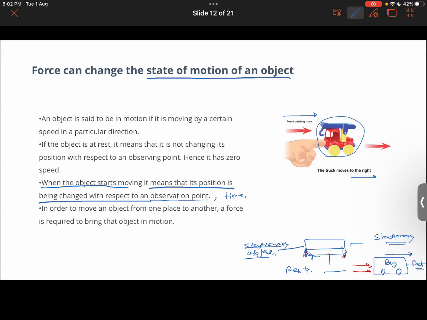And there could be examples where the object is at rest while the time is still changing, right? So you have to consider both time and a reference point or an observation point. From an observation point, if the distance of the object is changing, it means the object is in motion, it is moving.